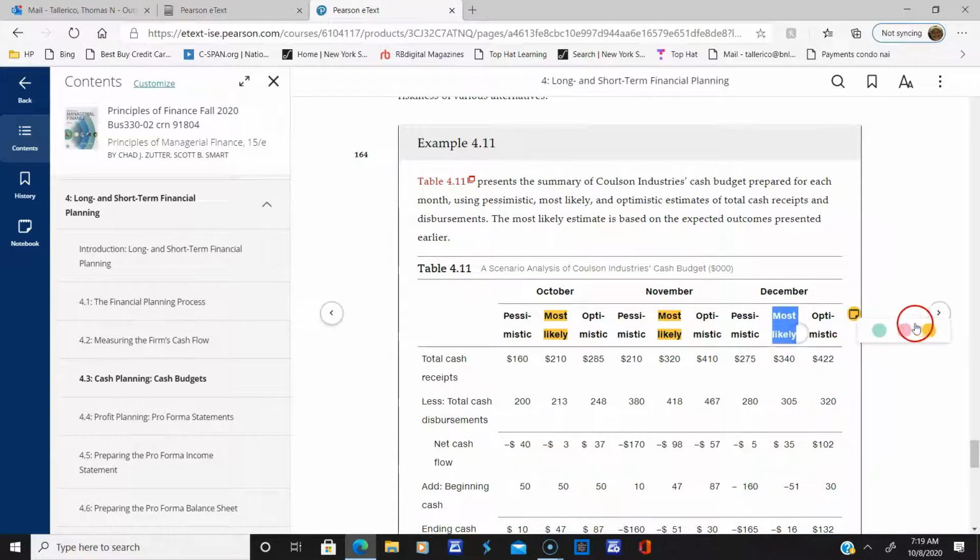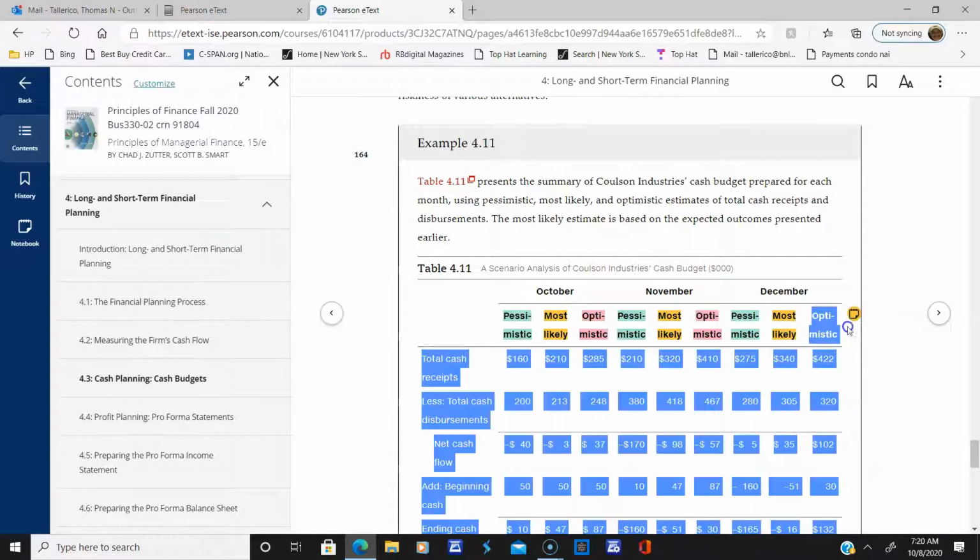Now, if I'm wrong in the negative direction, that's the pessimistic side, and we'll highlight that because I screwed up in a negative way. But if things are better than I thought, and I'm optimistic, we'll make that the pink, the third column.